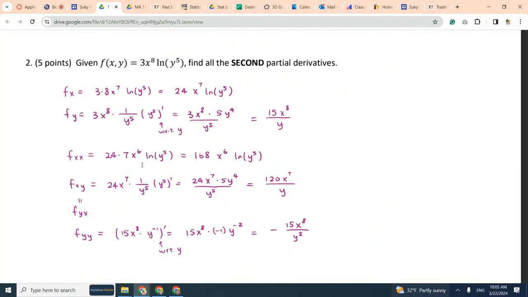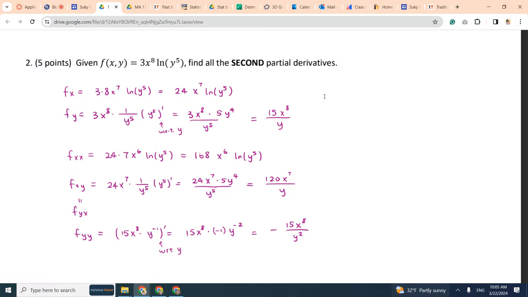Number 2, find all the second partial derivatives. And we first need to find the first partial derivatives, right? And here, fx, we have x is the variable and y is the constant. So therefore, 3 ln y to the fifth, they're just constant.